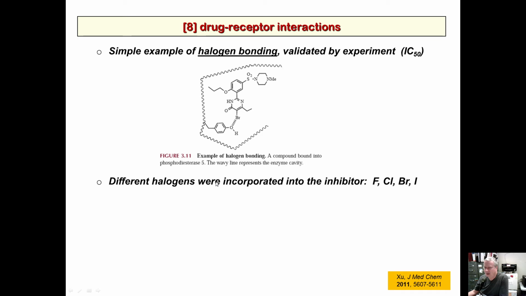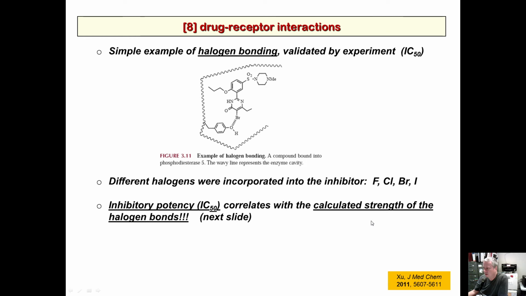Basically, they made a series of inhibitors with fluorine, chlorine, bromine, and iodine, and then they looked at it computationally and also, I think, with X-ray crystallography, and looked at the IC50 values to see what sort of trend there is between the different halogens as they were building this model.